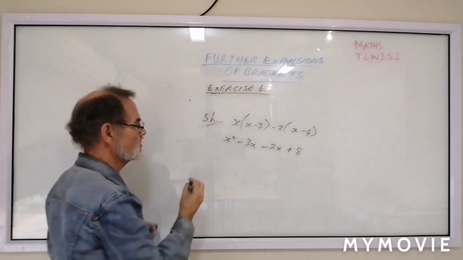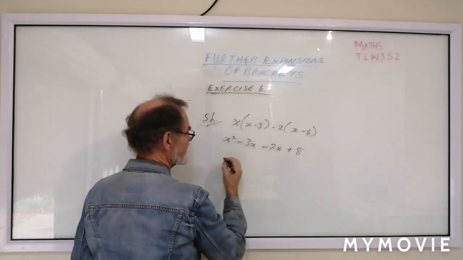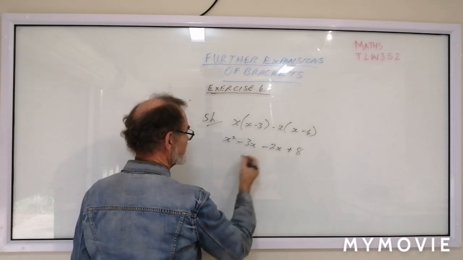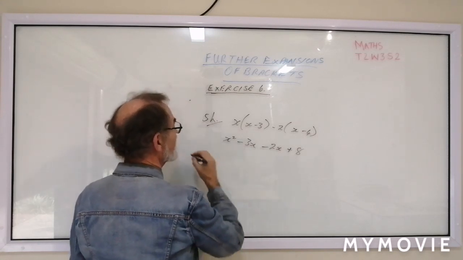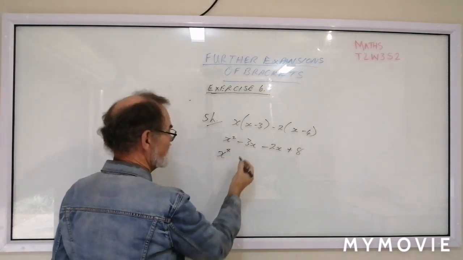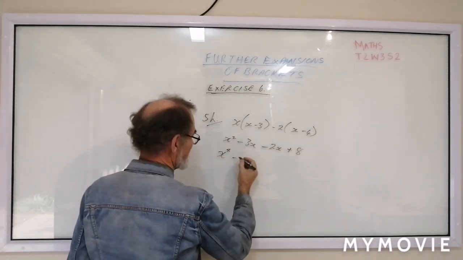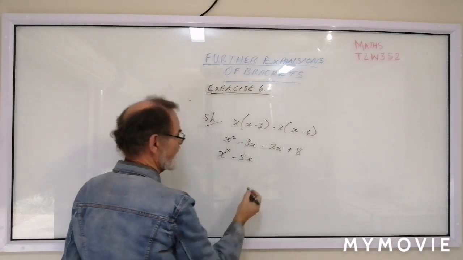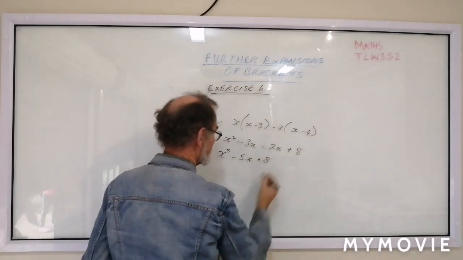Adding the like terms, minus 3 minus 2, the x squared we just bring down. Rewrite the x squared. Minus 3 minus 2 is minus 5x. And the 8 we just bring down.